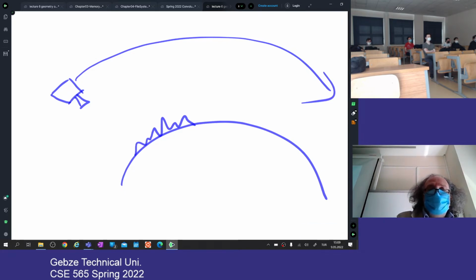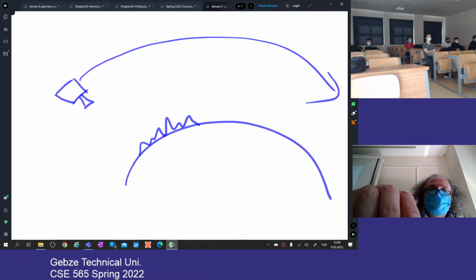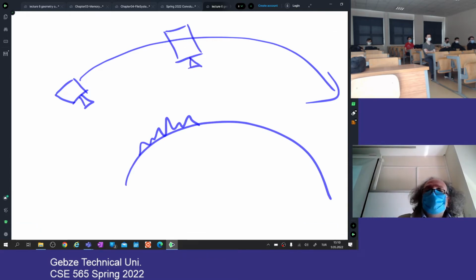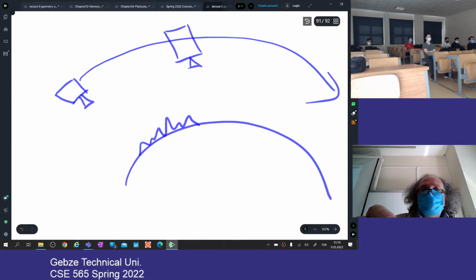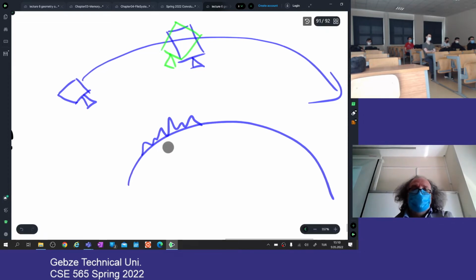So it takes these images from this angle. When it moves to this position, it immediately rotates itself to this position. So what do you have? You have two sets of images of the same region.